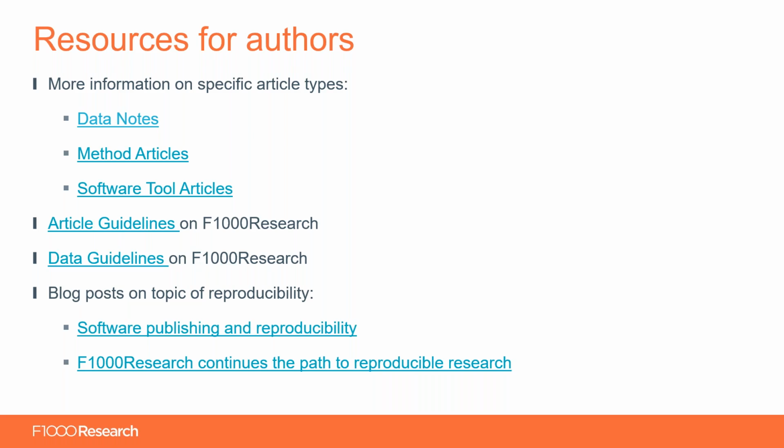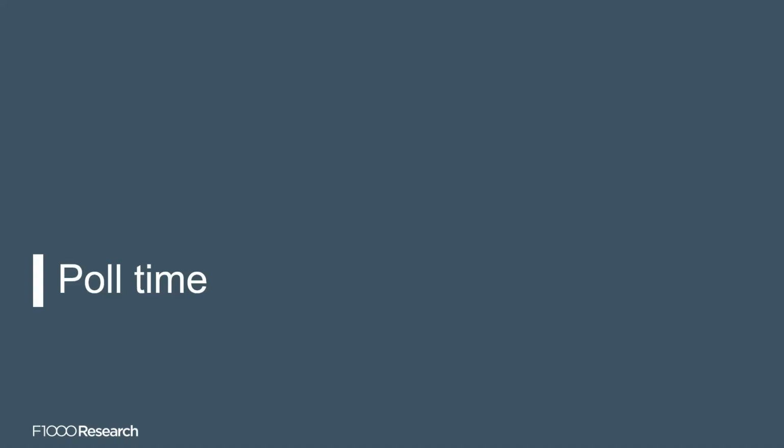We also have a dedicated blog on F1000 Research, which has published some fantastic pieces on the strides being made to tackle the reproducibility crisis, and I'd really encourage everyone to have a good read through those. We've also included the links in the slides to all these resources so you can easily access everything after the webinar finishes. So with that, I think we're ready to do one final poll.